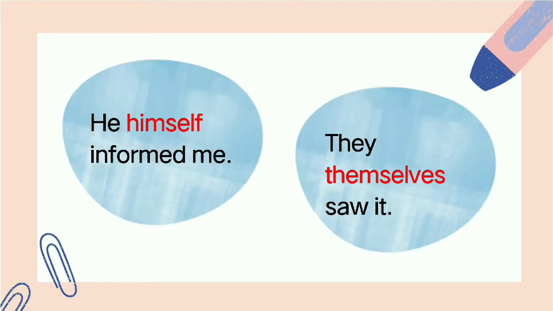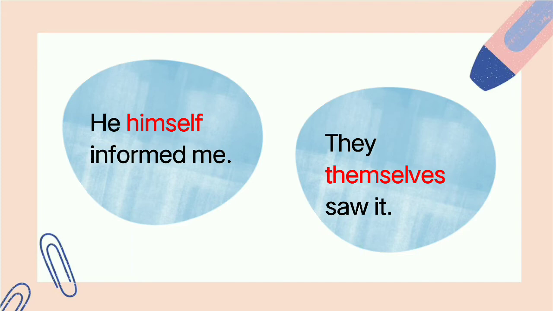He himself informed me. Another example, they themselves saw it. Himself and themselves emphasize the action of the subject, that is he and they. So the intensive pronouns are himself and themselves.